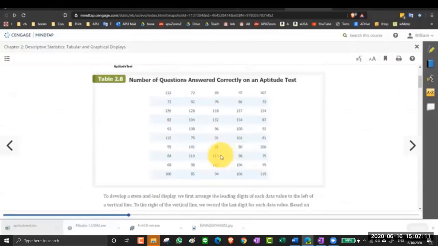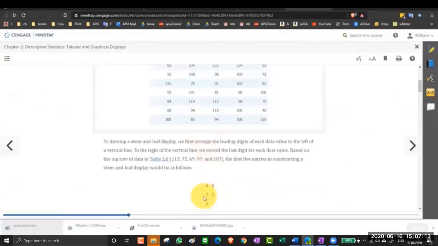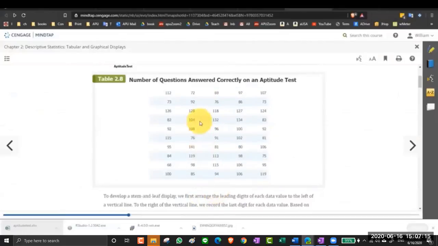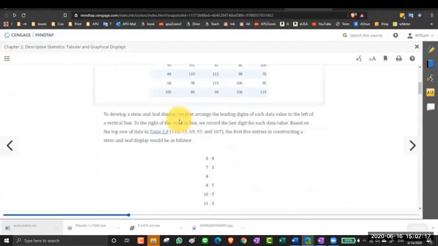Then we found a 72, so we'll put a 7 and a 2 here. And we found 112. So that's typically the way it's written, not 60, 70, and so on. This would be read as a 69 there, and a 72 there.